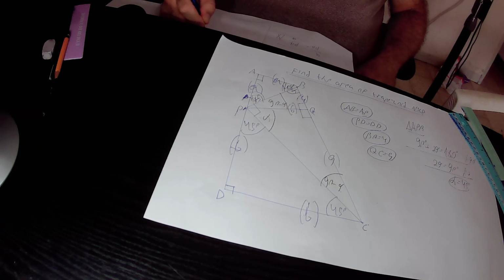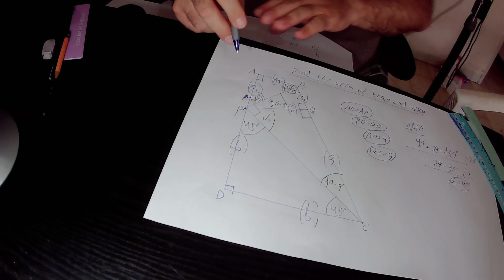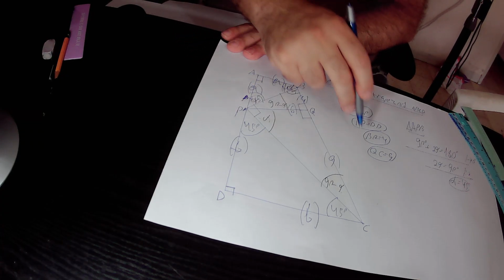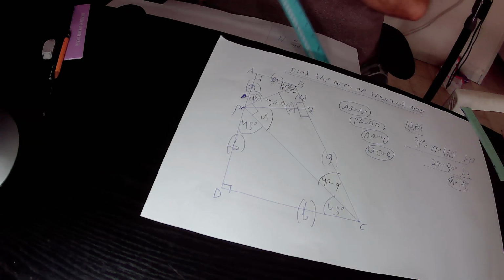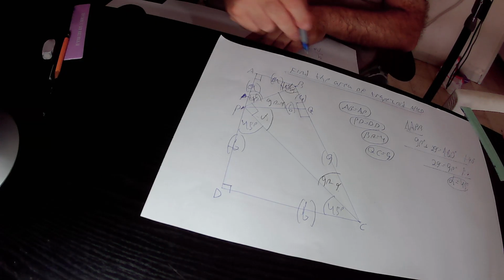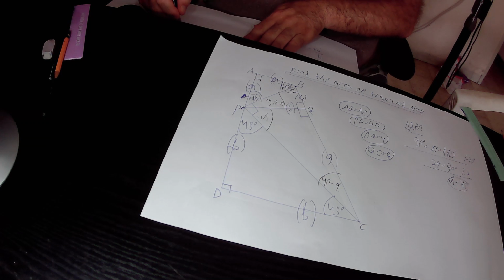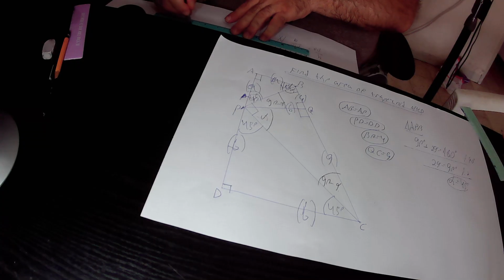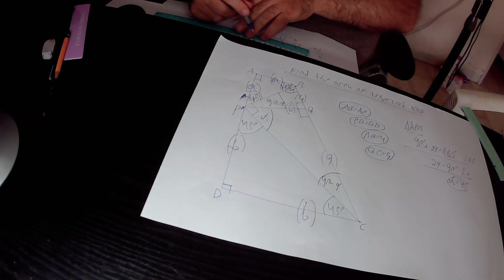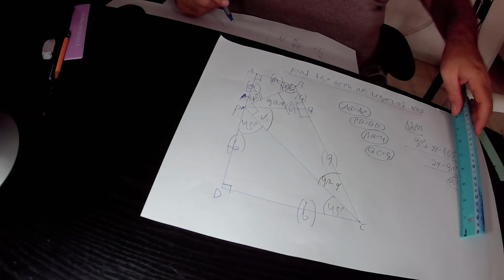According to the Pythagoras theorem, in any right triangle, the square of the hypotenuse equals the sum of the squares of the other two sides, the perpendiculars.